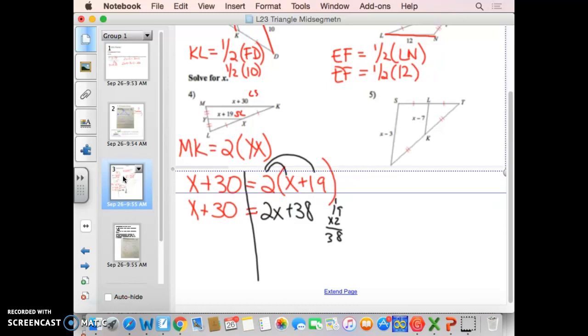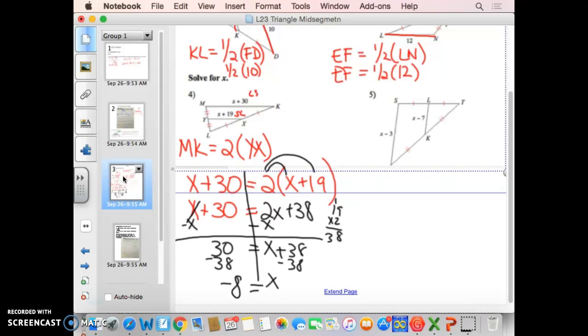I can see my answer is going to be negative, actually. So I'm going to first subtract x from both sides. So this is 30 equals x plus 38. Then I'm going to subtract 38, and I get x equals negative 8. So x equals negative 8.